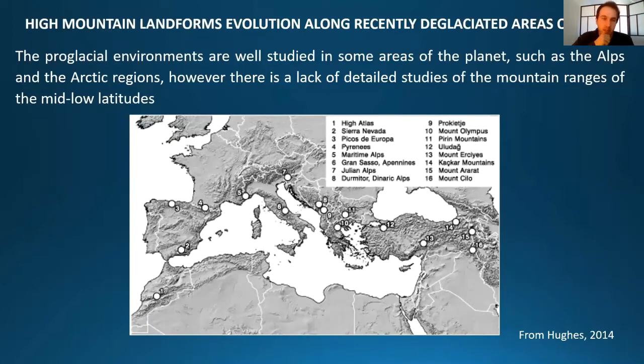In particular, here we consider the mid-low latitude glacial areas, in particular the areas located in the Mediterranean basin. From Morocco to Turkey, passing through Spain, France, Italy, and also the Balkans, glaciers and glacial areas are present. So I will show you in the next slides the most interesting and the most peculiar ones.